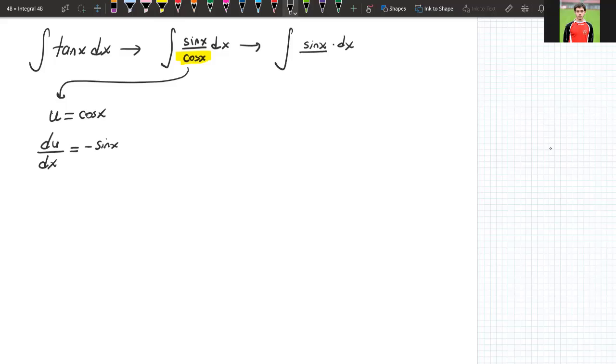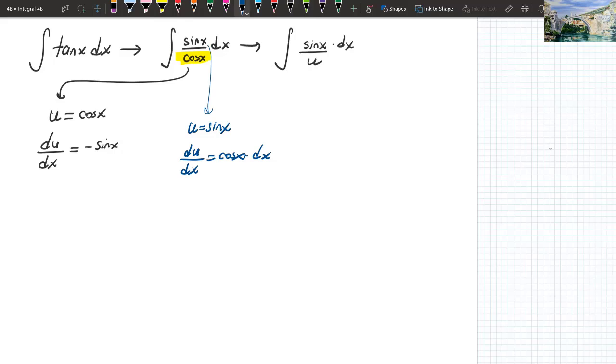Sir, why didn't we choose sine x? Really good question, Ahmed. If you choose u as sine x, let me write that option here. If u is sine x, you will get du over dx is cosine x. This is the first option.